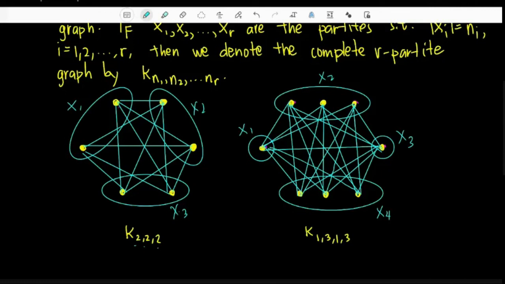So that's our K1,3,1,3. Of course, it doesn't matter which partition you choose as X1, X2, or X3. That would still form the same graph. Meaning this is the same graph as K1,1,3,3 or K3,1,1,3 or K3,3,1,3. It doesn't matter which partition you take first.